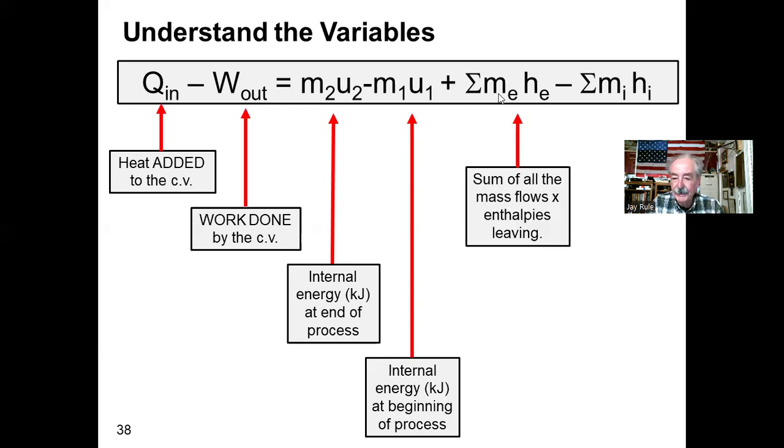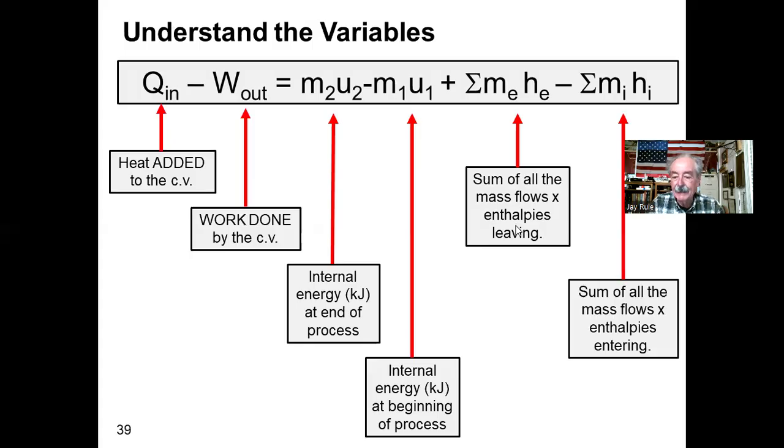The sum of the m leaving, h leaving, the sum of all the mass flows times the enthalpies that have left during the process. And then finally, the sum of all the mass flows in times enthalpy entering.